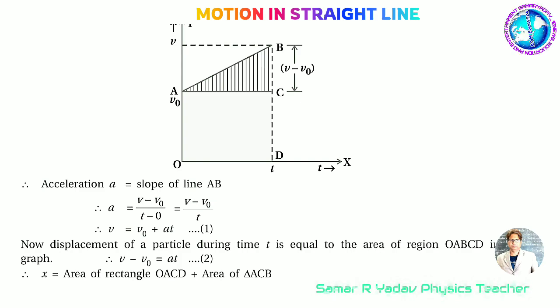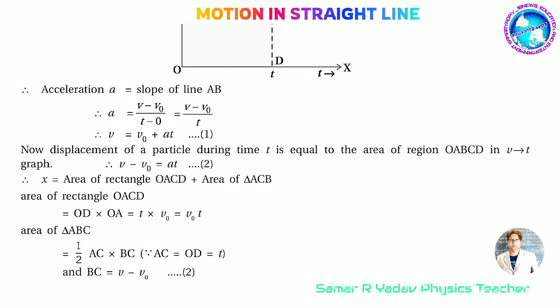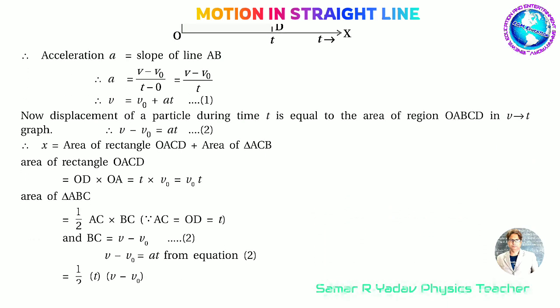Therefore x is equal to the area of rectangle OACD plus the area of triangle ACB. The area of rectangle OACD is equal to OD into OA, which is equal to t into v0, which is equal to v0t. The area of triangle ABC is equal to 1/2 AC into BC.